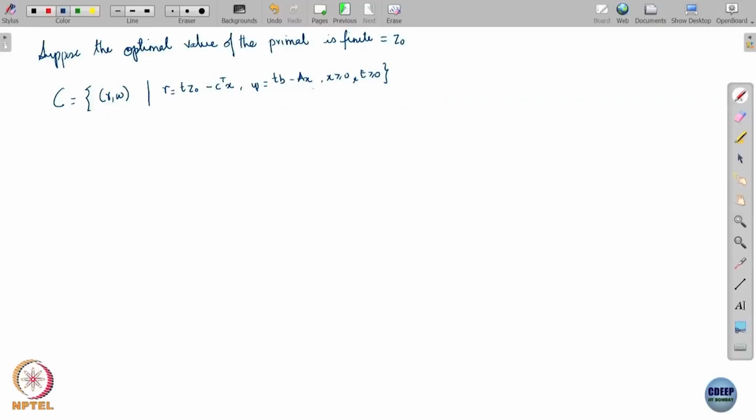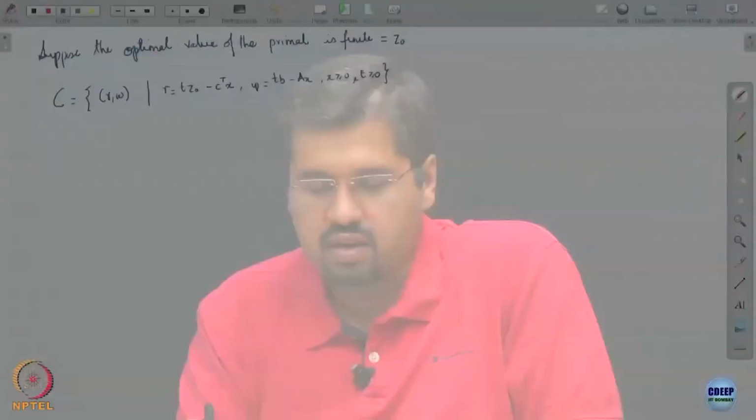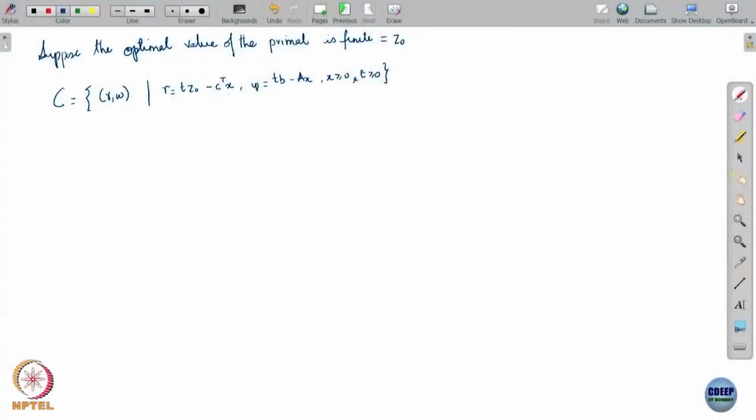Now, what kind of a set is this set C? If you look at this set C, can you tell me what is its dimension? In what space does it lie? What is the dimension of R and what is the dimension of W? Is R a scalar or a vector? R is a scalar. R is T Z0 minus C transpose X. T here has to be a scalar, otherwise I will not be able to add it to C transpose X. C transpose X is a scalar, and Z0 is another scalar, so T is also a scalar.